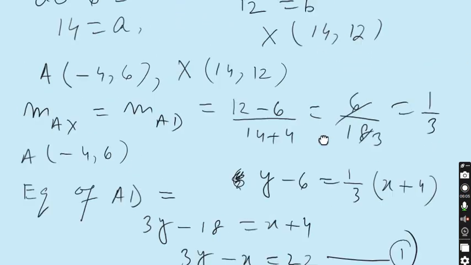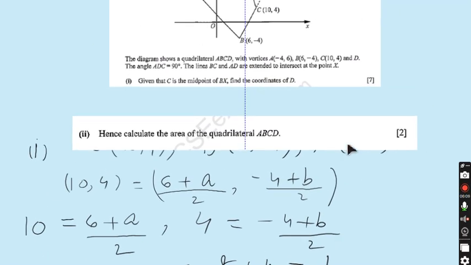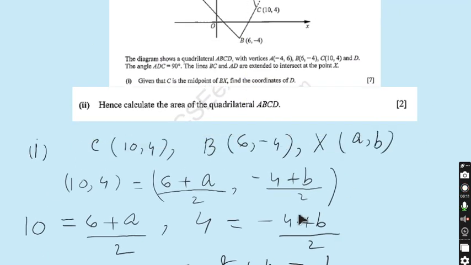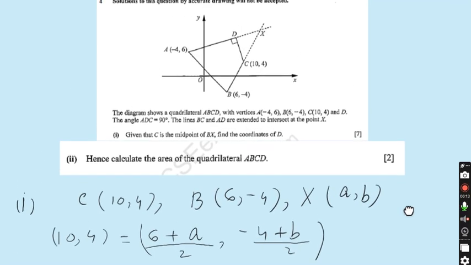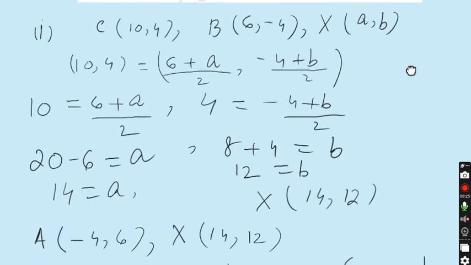Now we are going to find the equation of CD. When we find the equation of CD, we must have the gradient of CD and 1 point. So how do we find the gradient of CD? You can see that the line AD is perpendicular to CD.